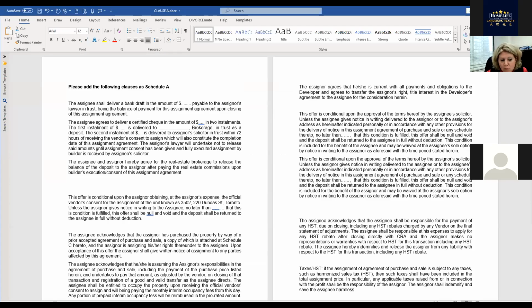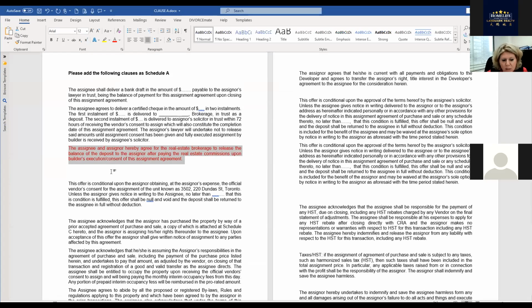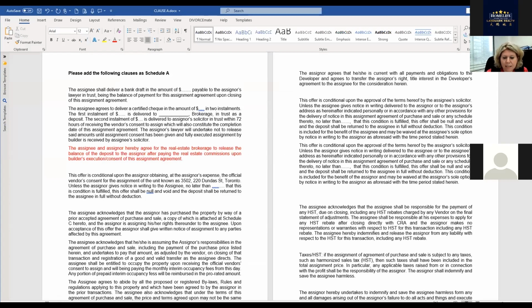This is the most important clause for agents, the most important, guys. This one is the most important because of what's happening with agents. Agents in general have the opportunity to get their commission at the execution of the builder's consent agreement, or they have to wait for the final closing.